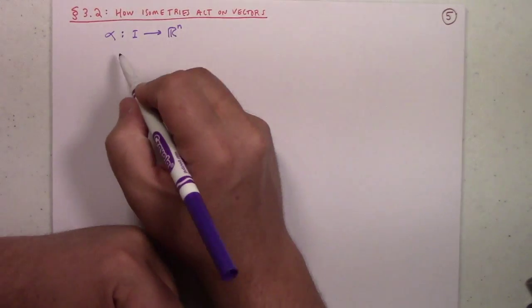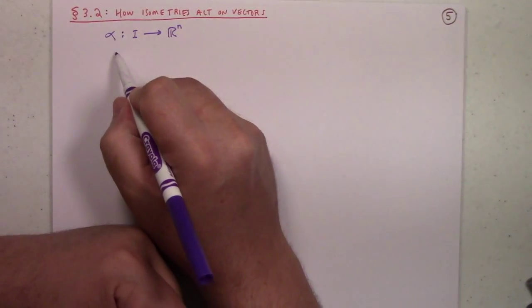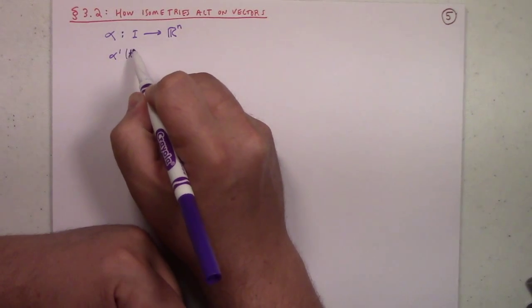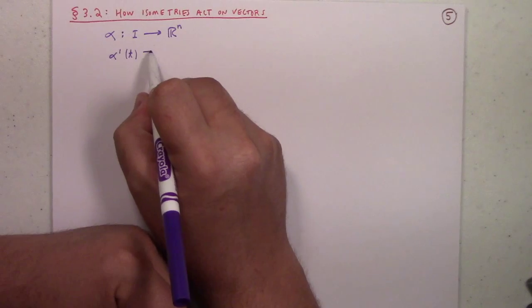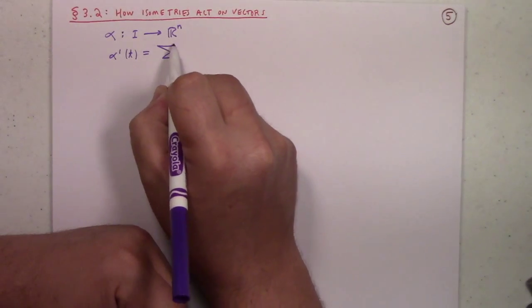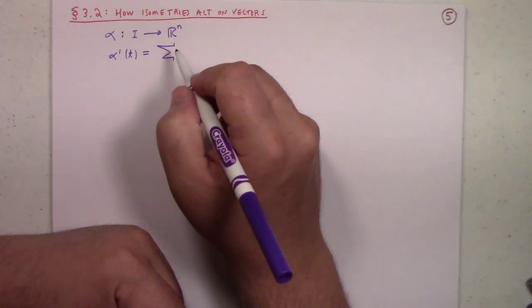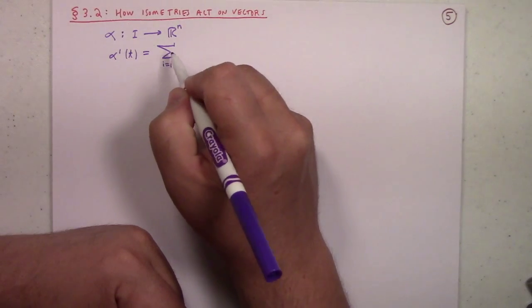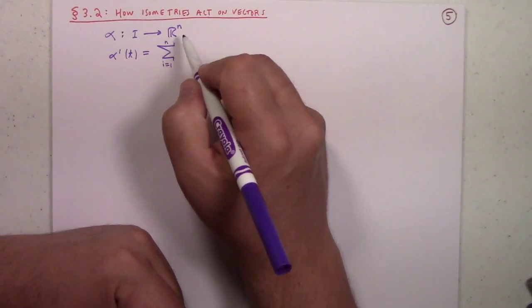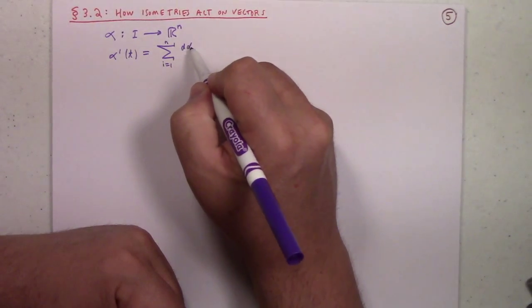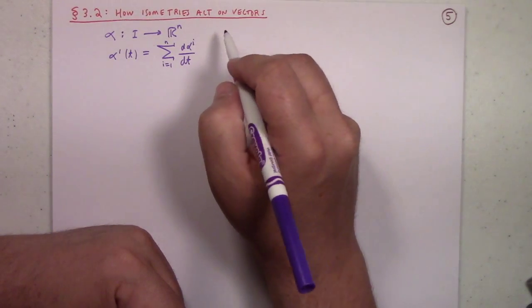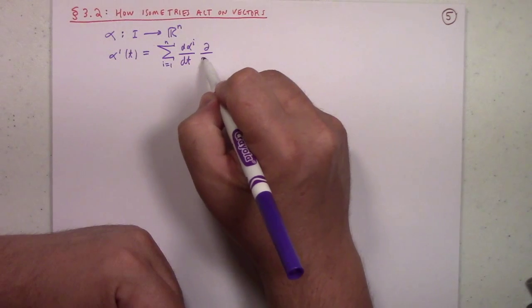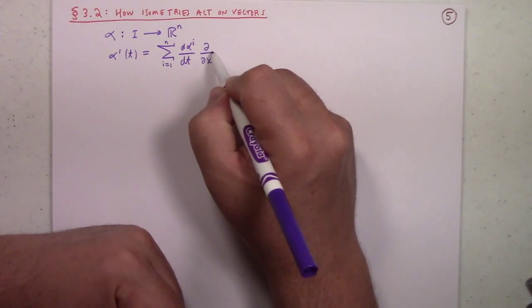alpha, right? Then remember we defined the velocity alpha prime of t to be a vector, really a vector field along the curve. To be specific, what we did was we differentiated the Cartesian component functions of the curve, and those give you the component functions of the vector field.